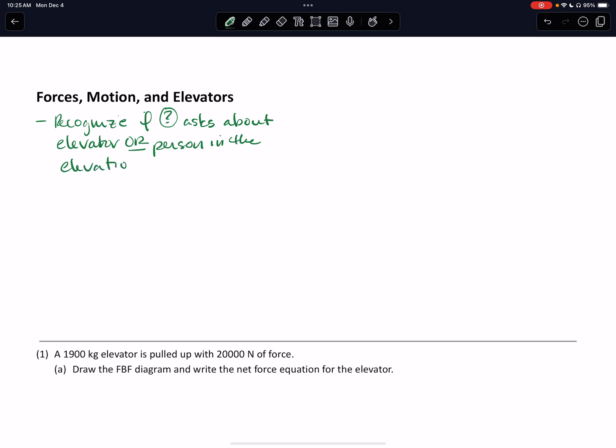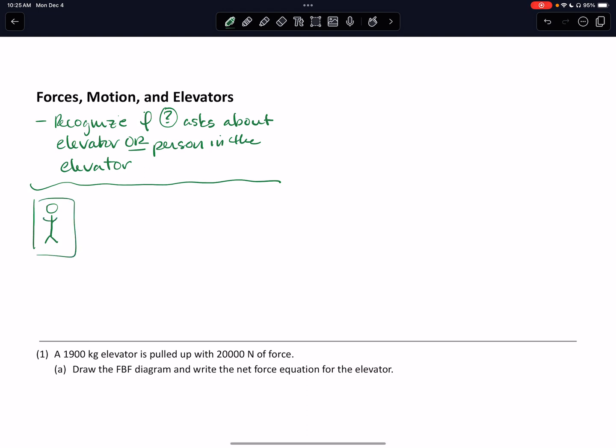The reason that's important is that your free body force diagram is going to look different if you're talking about the elevator versus the person inside the elevator. And when we do our problems below, I'll talk about each one of those free body force diagrams as we draw them.